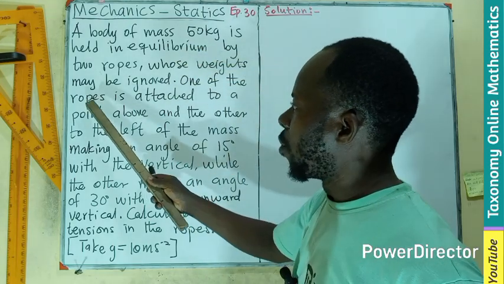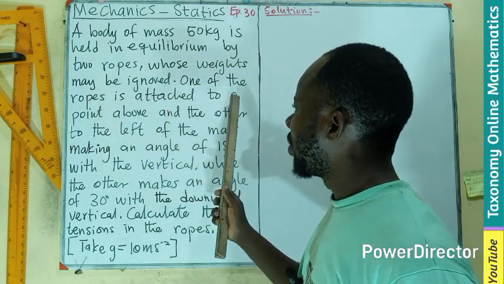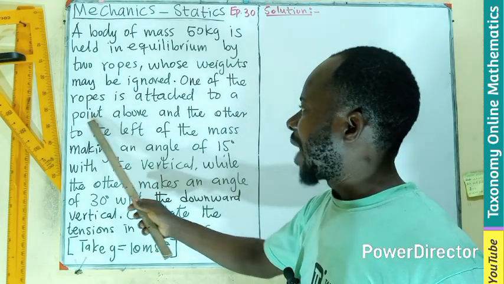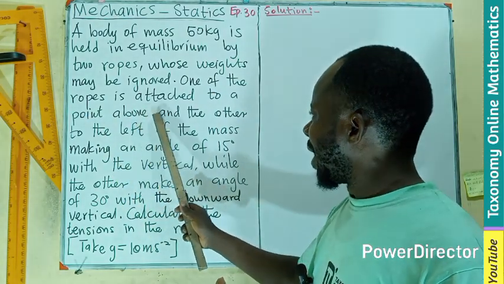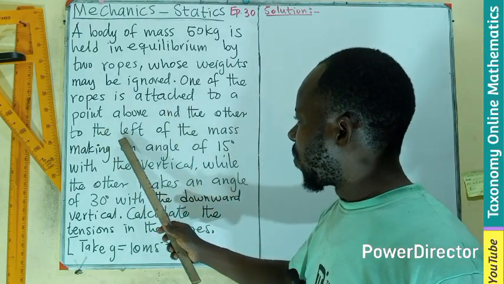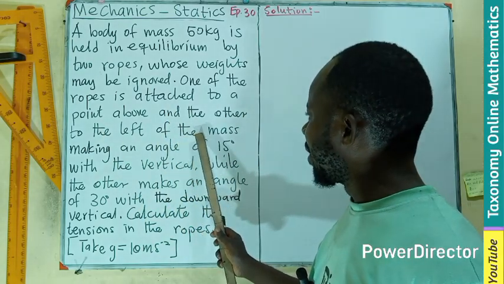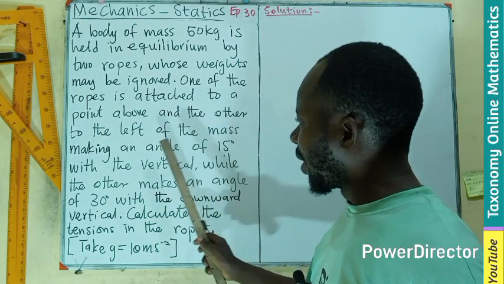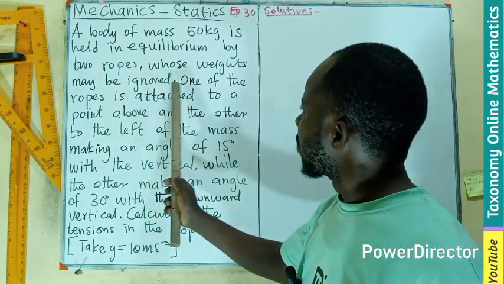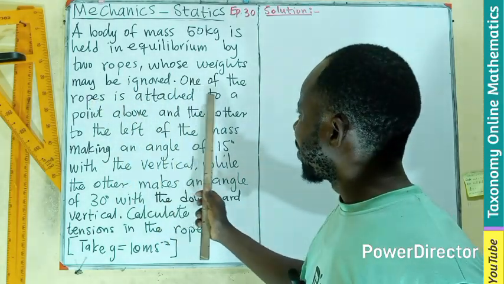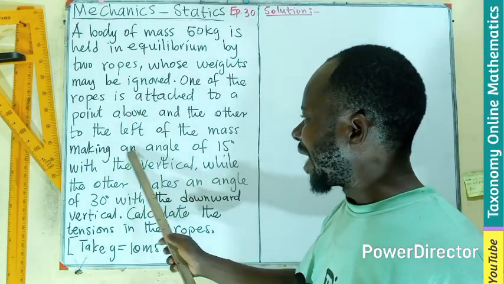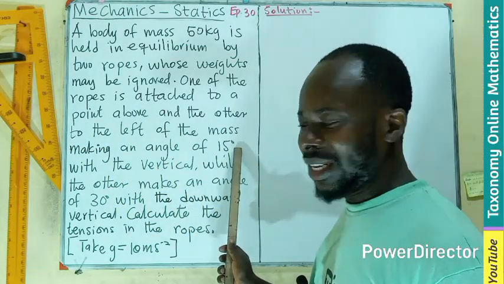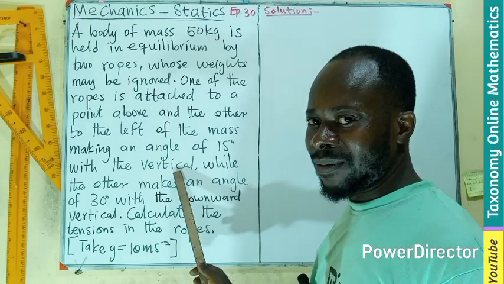One of the ropes is attached to the point above, making an angle of 15 with the vertical.